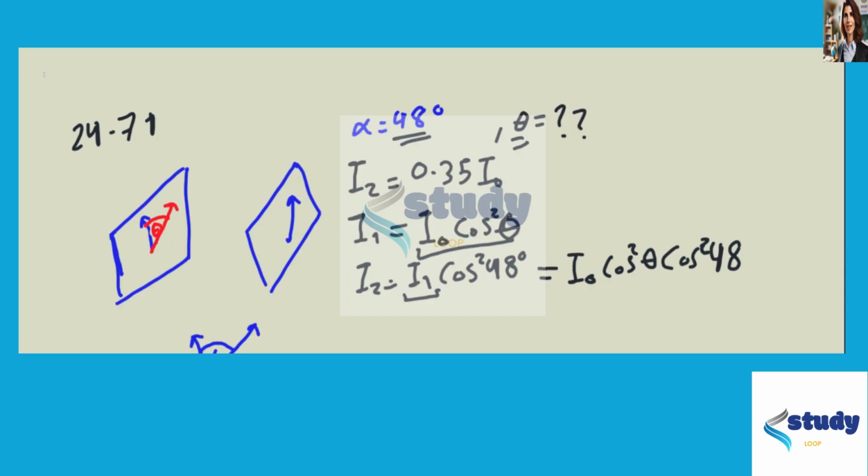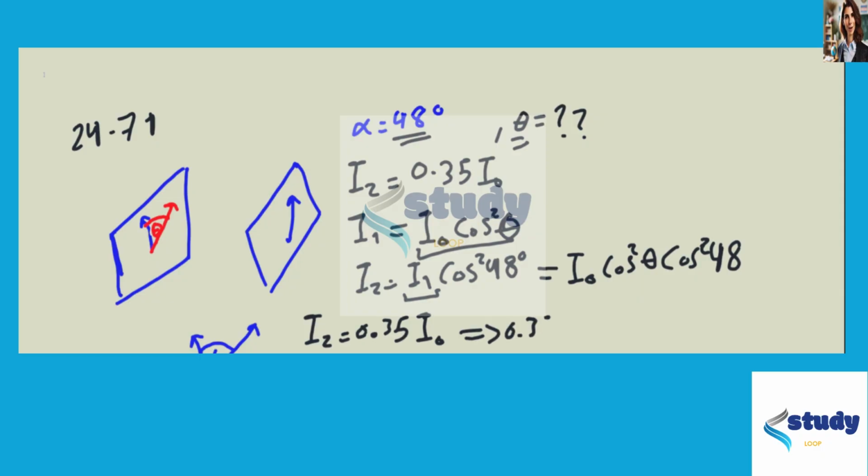Because we know I2 is 0.35 I naught, we can substitute here in this equation.